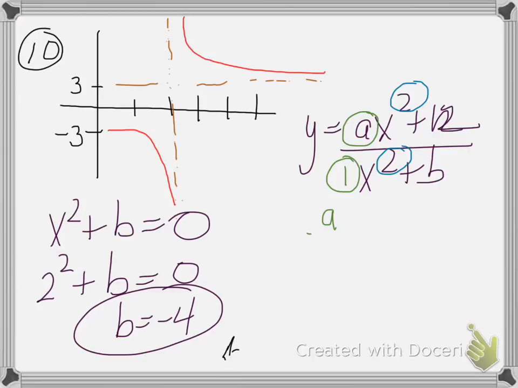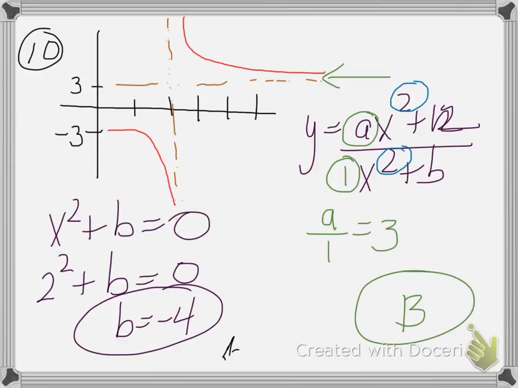Right, there's an invisible 1 there, so you're going to get a over 1. But you know, because if you look at the picture, that the horizontal asymptote is at y equals 3. Here it is right here. So I know that a has to equal 3. So a is 3 and b is negative 4, and therefore the answer is D.